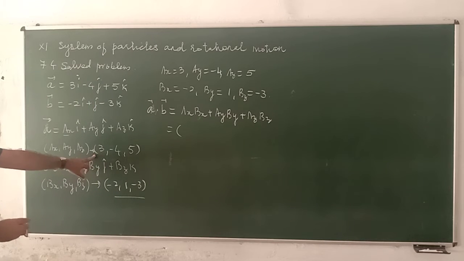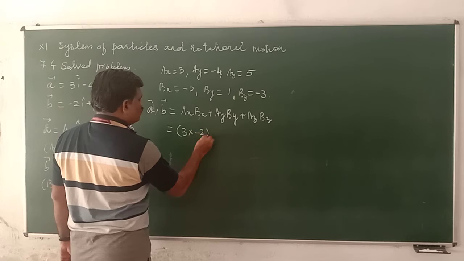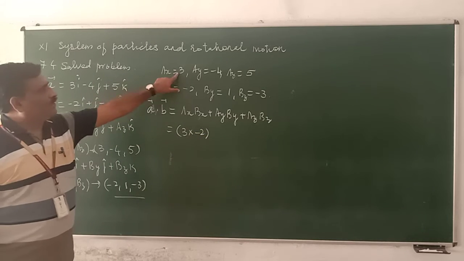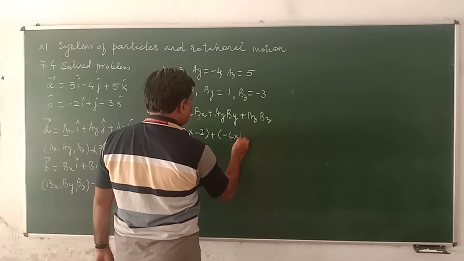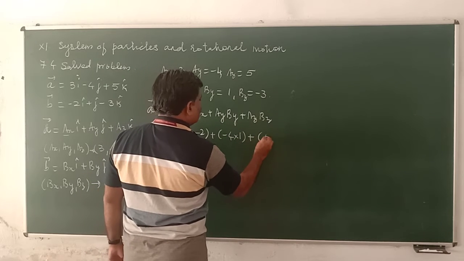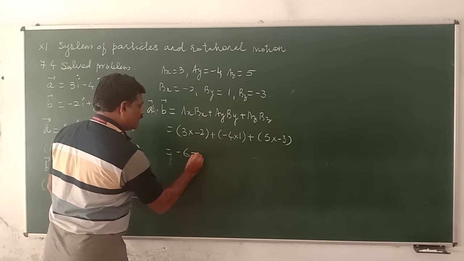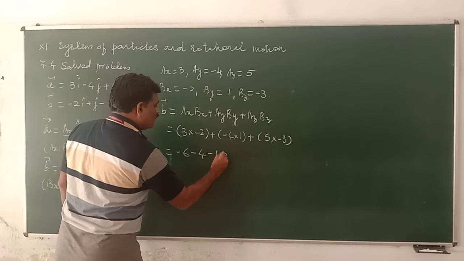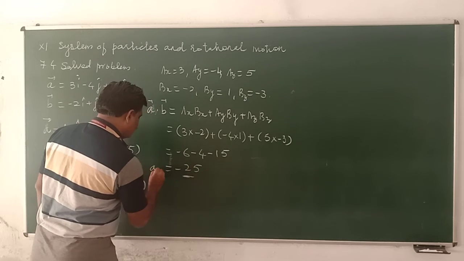Ax is equal to 3 into minus 2, plus minus 4 into 1, plus 5 into minus 3, which is equal to minus 6, minus 4, minus 15, which becomes minus 24.